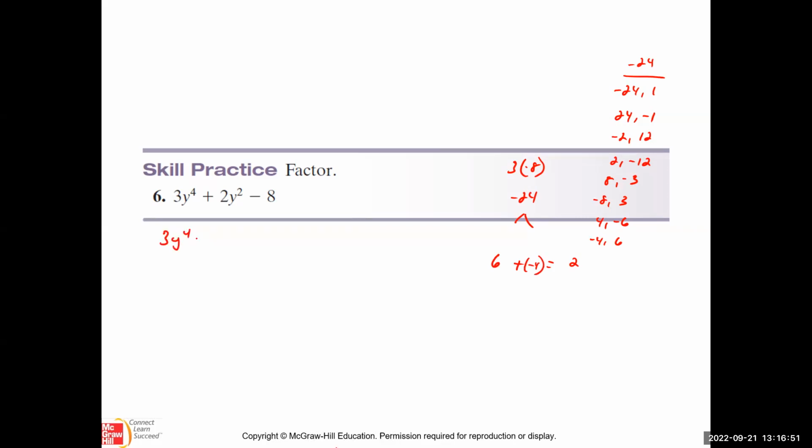So 3y to the 4th plus 6y squared minus 4y squared minus 8.